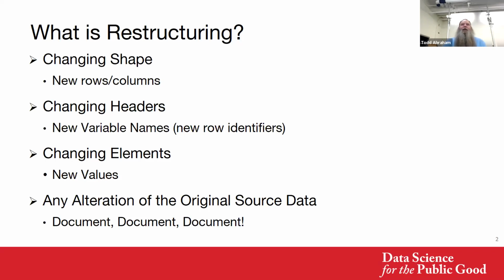Next big piece is changing the actual elements in the data. In this case, we're talking about adding or altering any value that's there. That could be a single data point, it could be a series of points, it could be entries across part of the data. But the key is that once those data are changed, any alteration of that source data, you want to do something to document what you've changed.